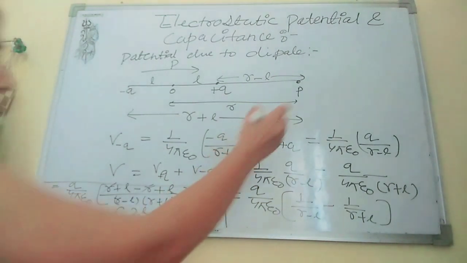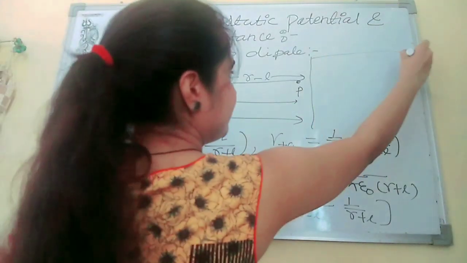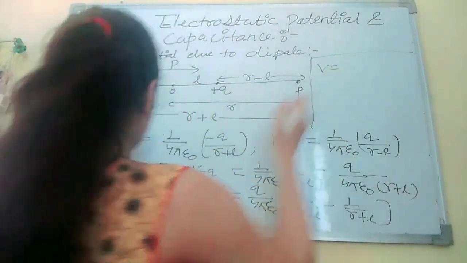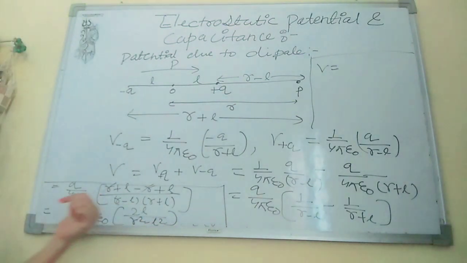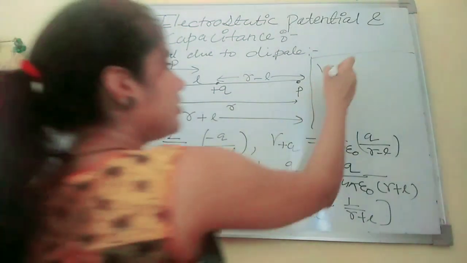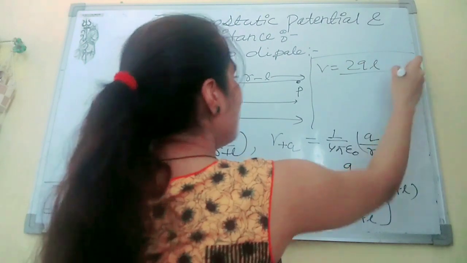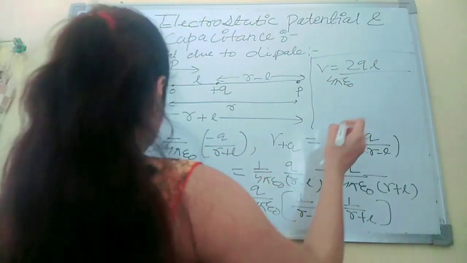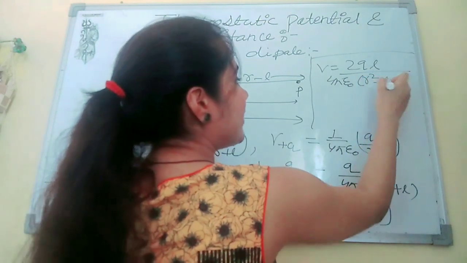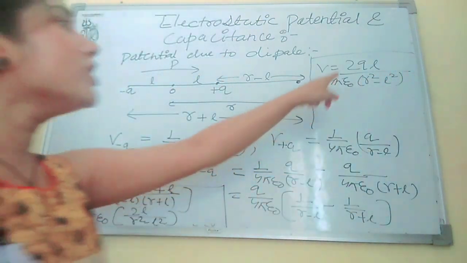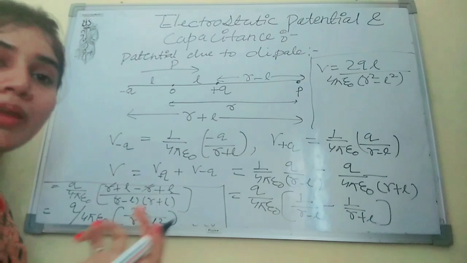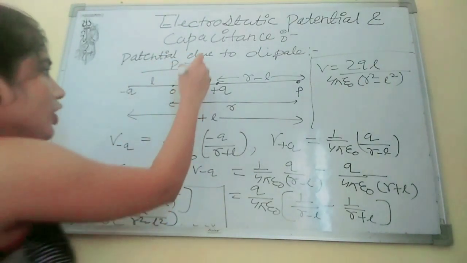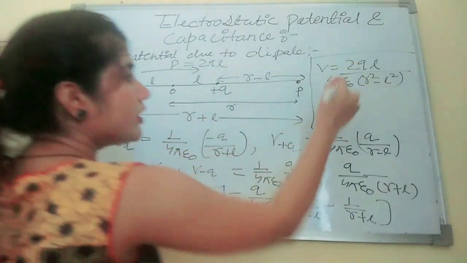Now I'm writing here. So the V will become, this 2L will be multiplied with q, so that will be 2qL upon 4 pi epsilon naught, r square minus L square. Now this 2qL will become P, because we know the expression of dipole moment is 2qL, so we put P here.